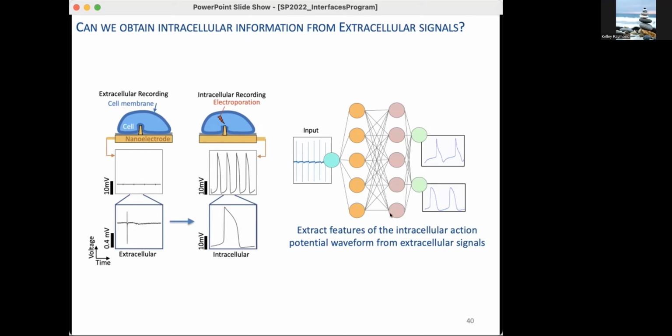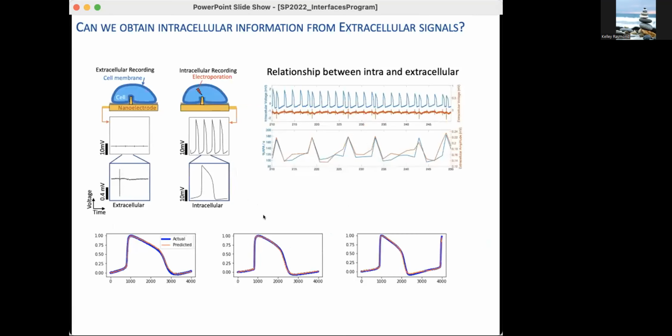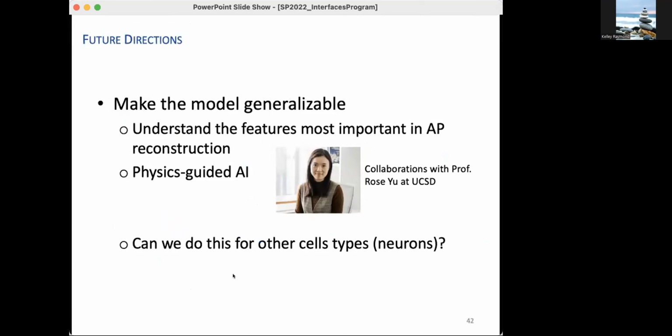So we are working on some projects here, which is trying to use convolutional neural nets to actually predict and reconstruct these intracellular signals merely from the extracellular inputs. And we've had some success. Again, in the interest of time, I won't go into detail, but we're able to predict pretty accurately the intracellular signal simply from the extracellular input. And this we've only been able to do in cardiomyocytes so far.